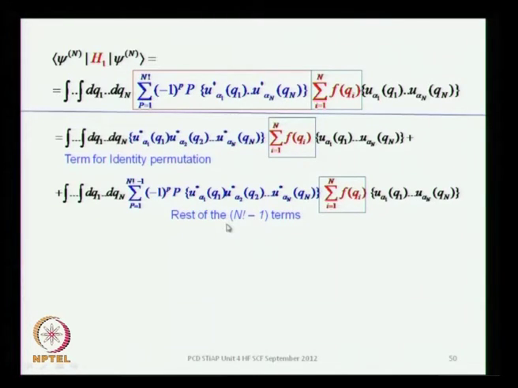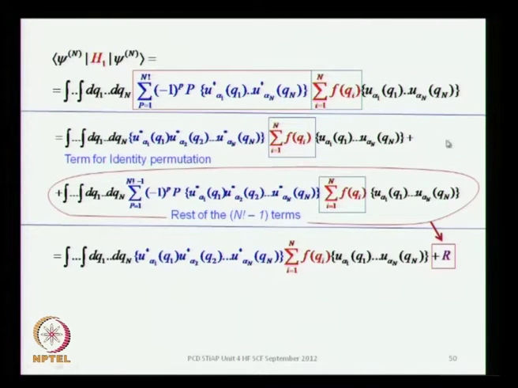There are factorial n minus 1, because the factorial n permutations includes the identity, which I have explicitly written out, and the remaining terms I have packed together in the second term. So, this pack of the residual factorial n minus 1 terms is what I call the remainder R. So, I have got a term in the identity permutation plus a remainder.